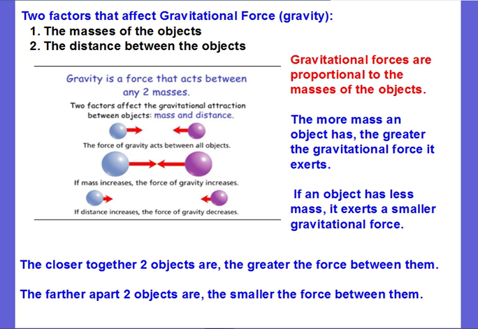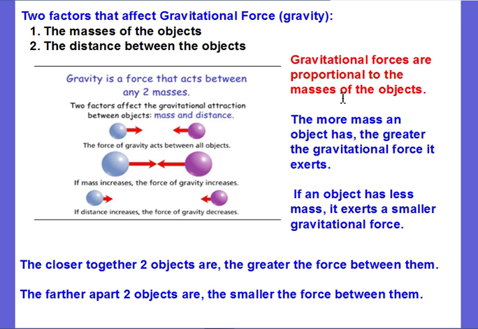So in this image, it says that if mass increases, the bigger the mass, the greater the gravitational force. Bigger objects with larger masses exert a larger force of gravity. If those same big objects are farther apart, the increase in the distance will reduce the amount of gravitational force.